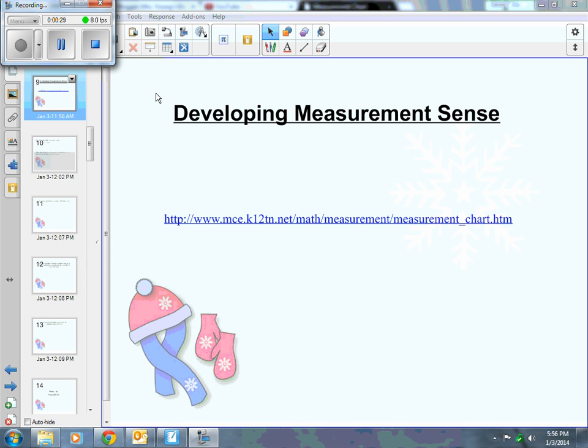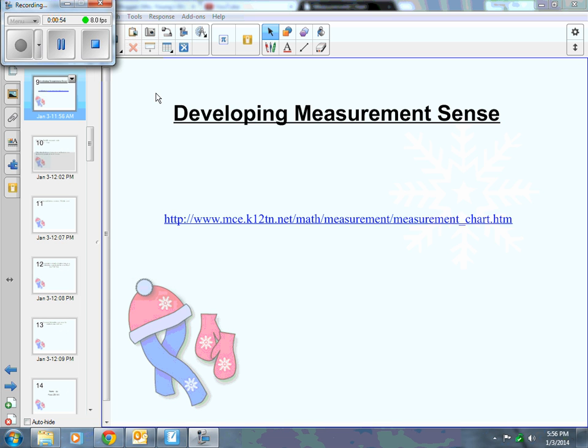We need to have a good understanding of how to approximate a weight. We don't want to say that the approximate length of a pencil would be a mile long, because obviously that is not true and is way off.